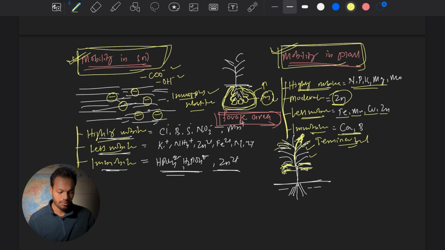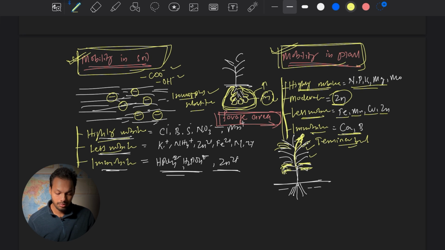Zinc and phosphorus come under immobile nutrient. So the forage area is very thin, from a very small region the plant takes up the nutrient by the root system in case of immobile nutrient. But for highly mobile nutrient the forage area is large. The entire root system you can say is the forage area for highly mobile nutrient.